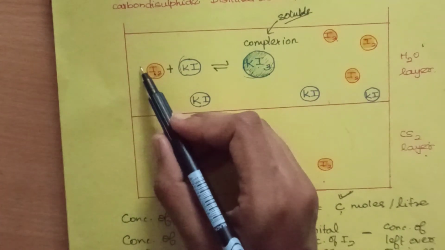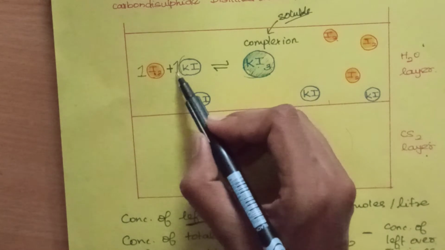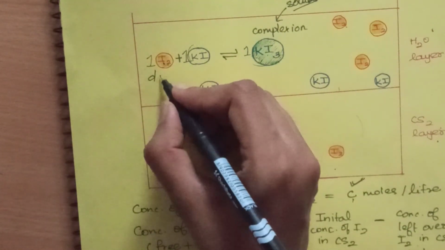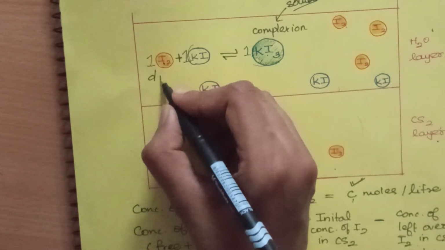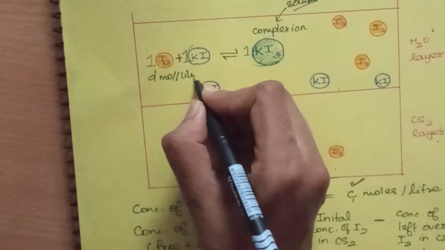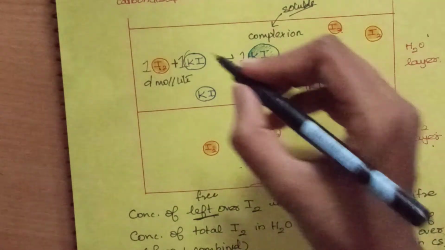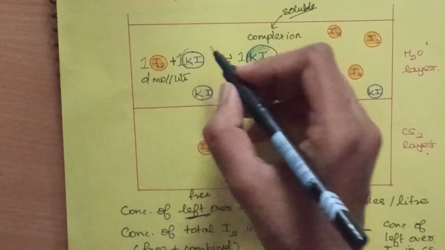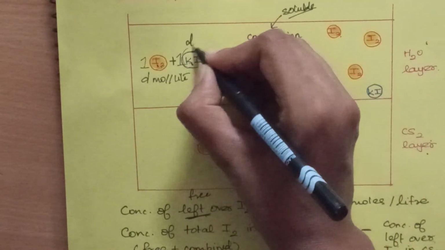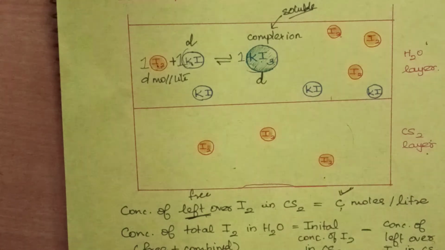Why? Because everything is in unity. So the concentration of combined iodine in the aqueous layer is D moles per liter, the concentration of combined potassium iodide is also D moles per liter, and this is also D moles per liter.